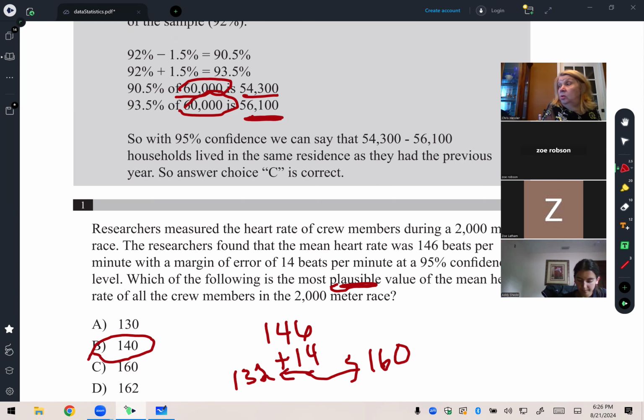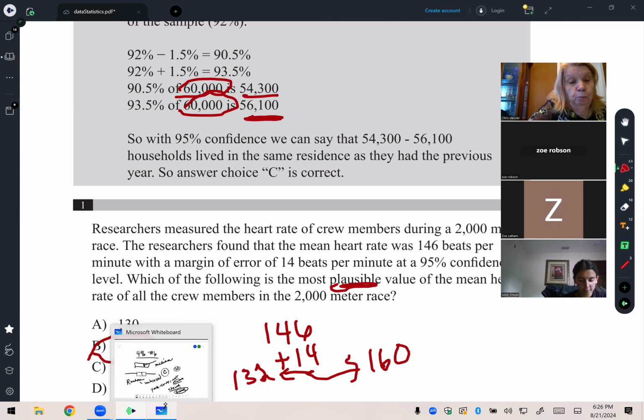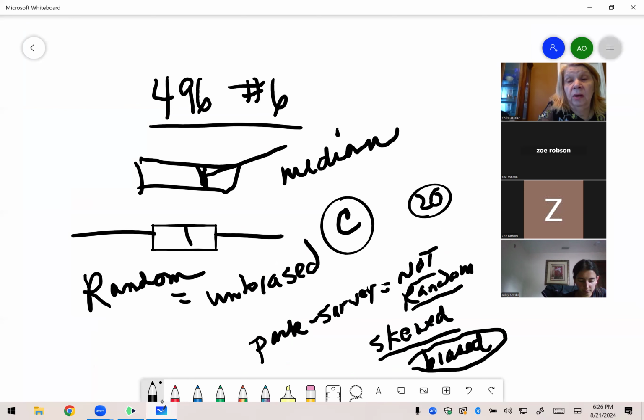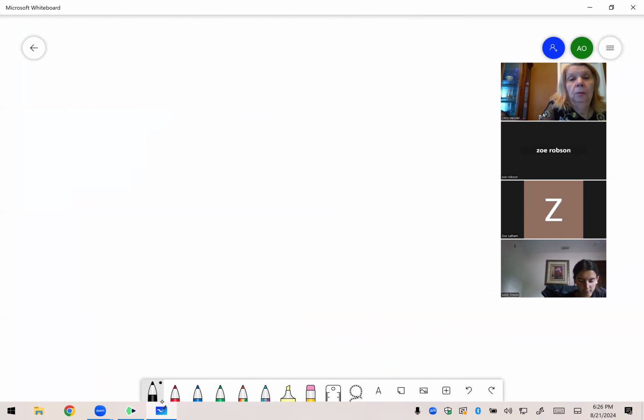Okie dokie. Did we do 343 number 7? The last page before we added something, and I don't know if you all got it, so maybe not. I don't think you did that one yet. Okay, so this is 343? Yeah, number 7.